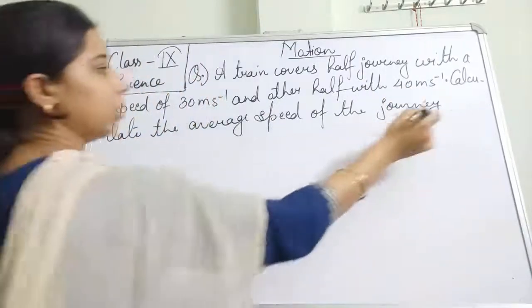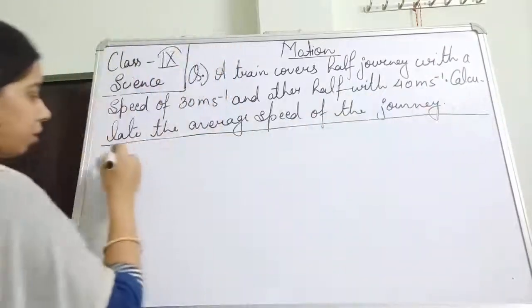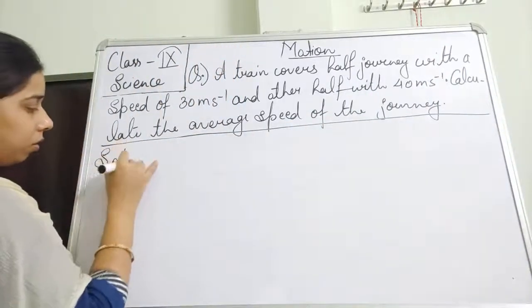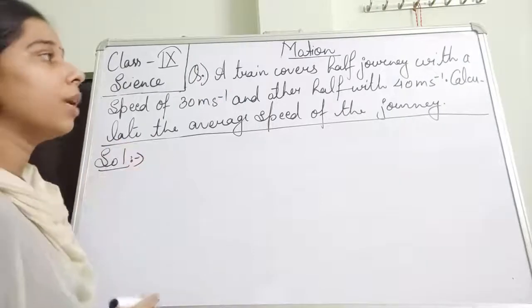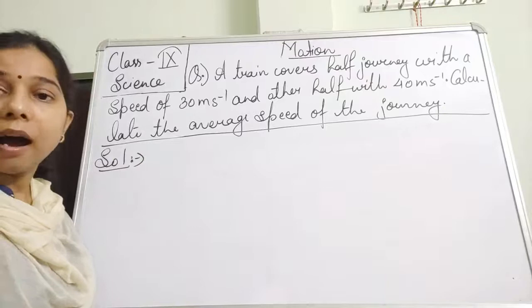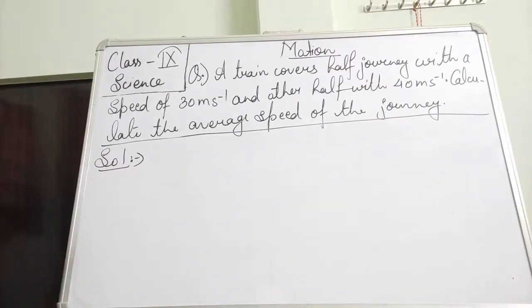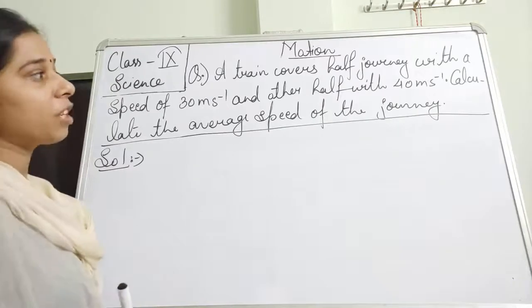Calculate the average speed of the journey. So, train covers half journey with a speed of 30 meter per second and other half with 40 meter per second. Calculate the average speed of the journey.